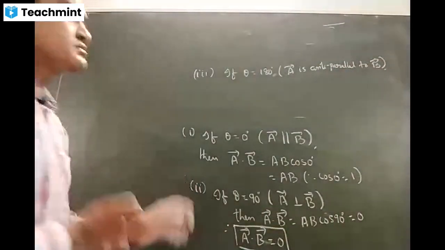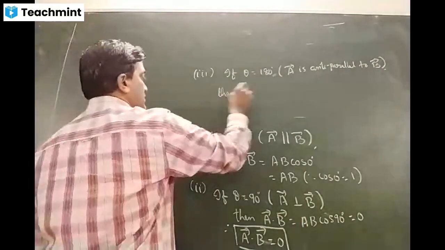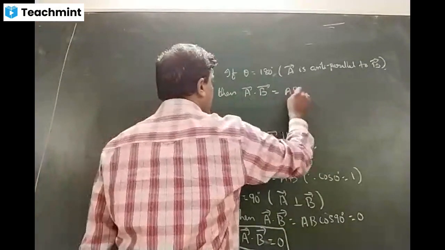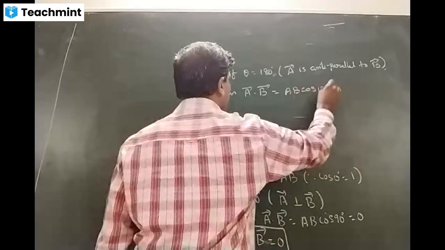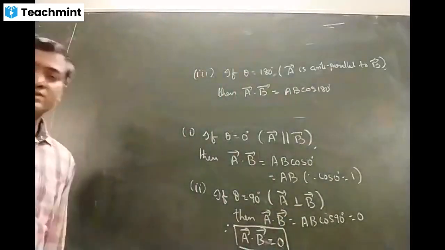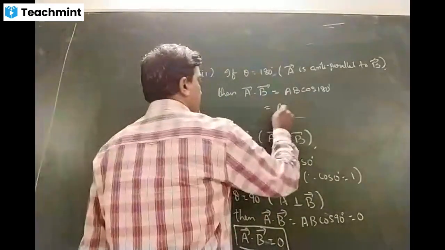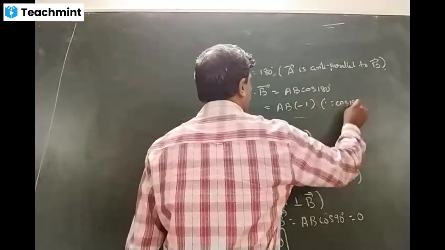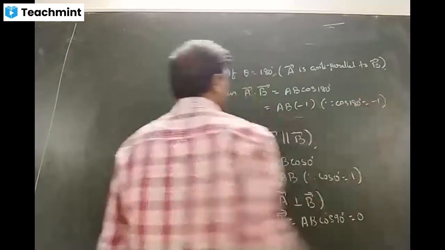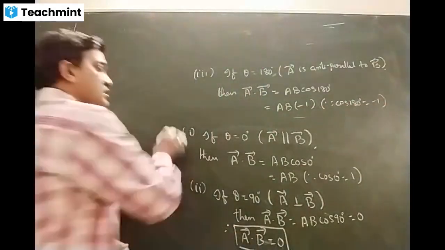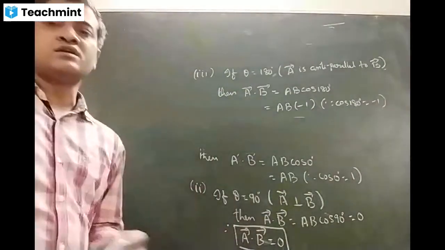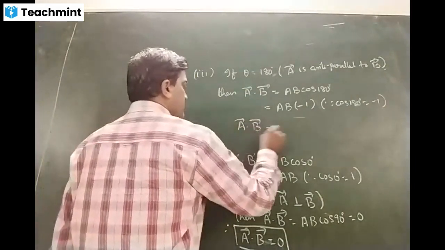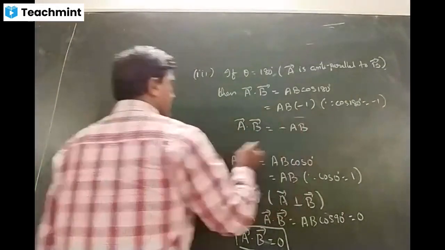Then in this case, A bar dot B bar is equal to AB into cos 180, which is minus 1. So AB into minus 1. Finally, the dot product of the two vectors A bar dot B bar is equal to minus AB.